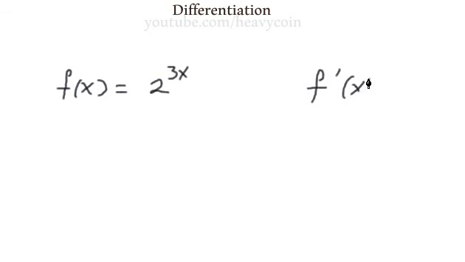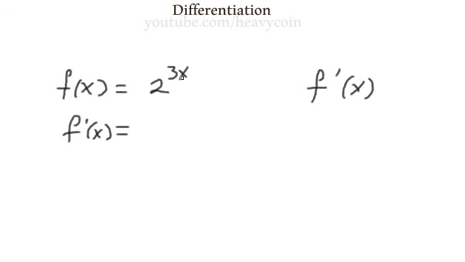Now that that's said, let's look at a problem like this. If I have f of x equal to, let's say, 2 raised to the 3x, and we want to find f prime of x. So we want to find the derivative. Well, we do it just like we did earlier with our base of e, except we do one more thing.